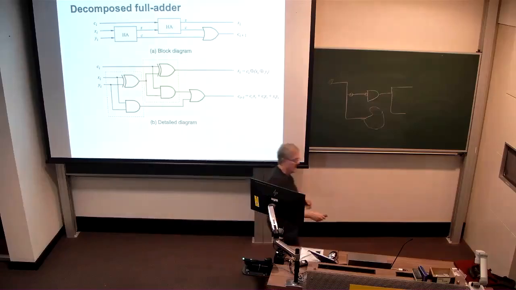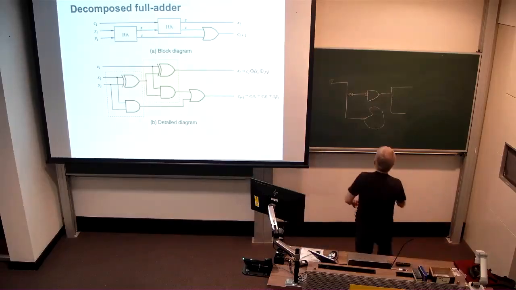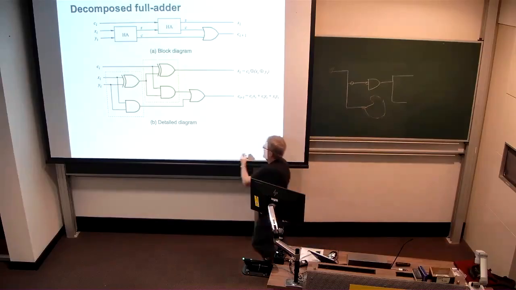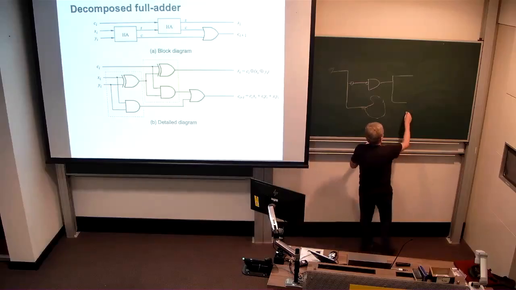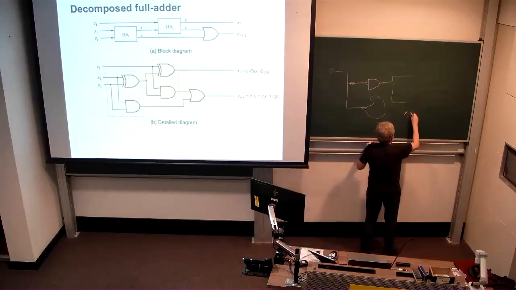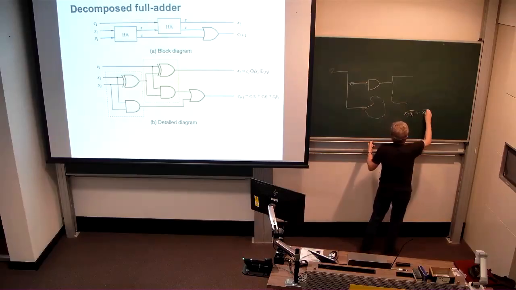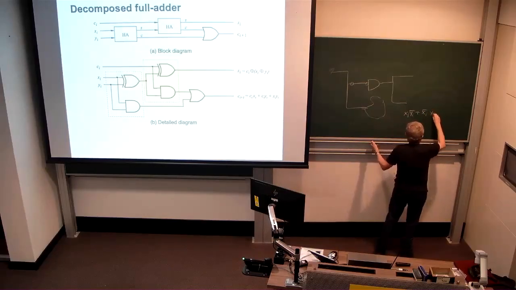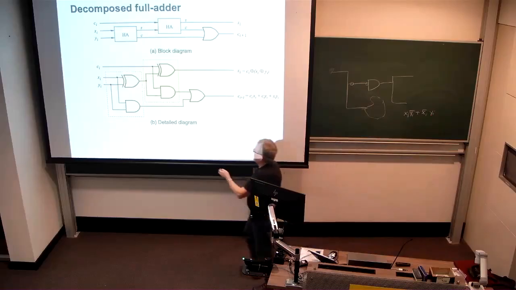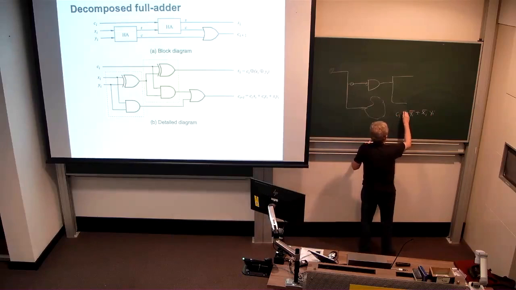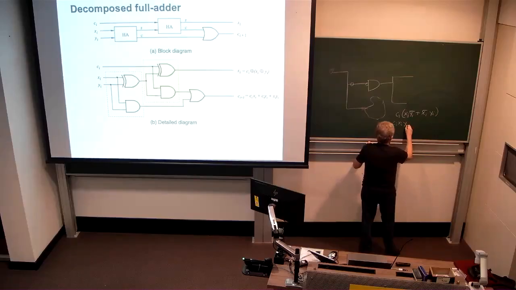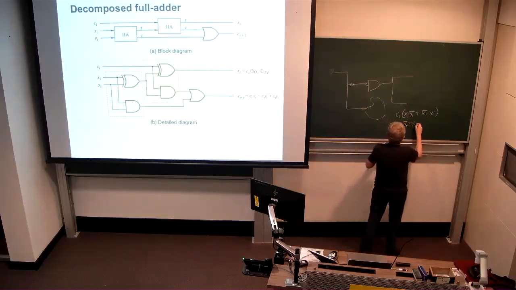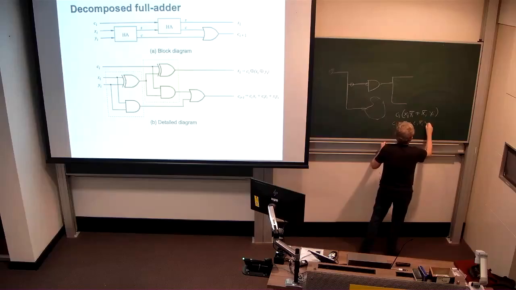Sorry, I think I've made that a little bit more confusing than it needs to be. What I meant to say was that the output of this exclusive OR gate here is Xi Yi bar or Xi bar Yi, and then we're ANDing that together with Ci. So we've got Ci Xi Yi bar, or Ci Xi bar Yi.